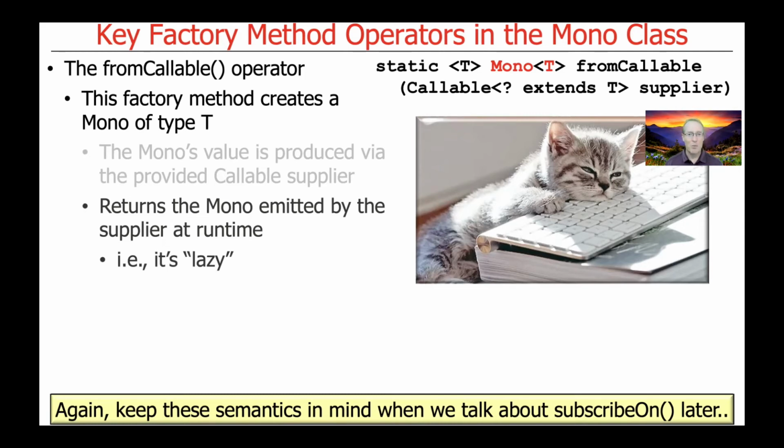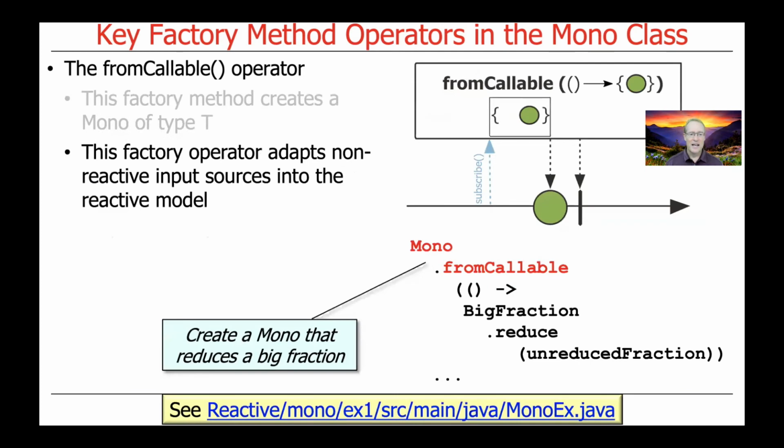Also, we'll keep this in mind when we talk about the semantics of the subscribeOn method later, because subscribeOn will behave differently when you use it with a lazy operation like fromCallable as opposed to an eager operation like just. This factory method, like just, is also commonly used to adapt non-reactive input sources into the overall reactive model.